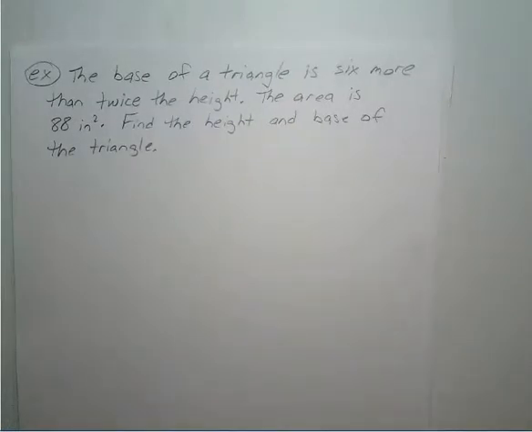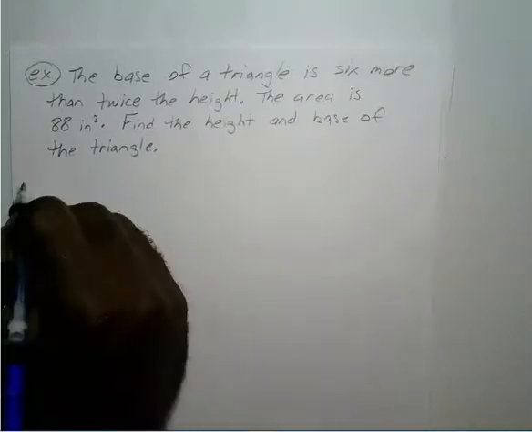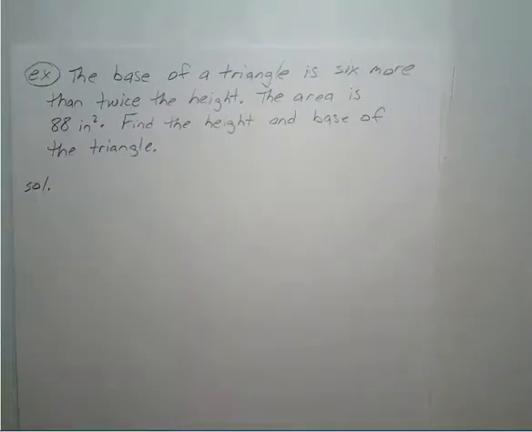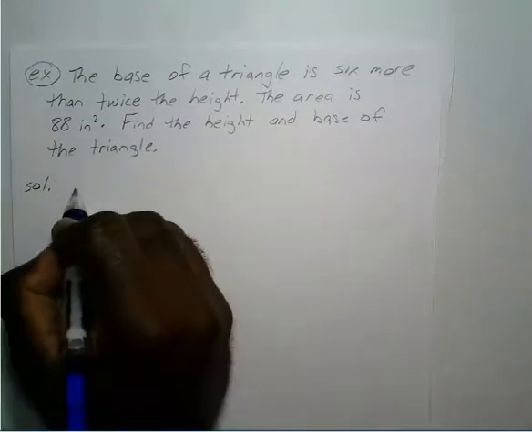Okay, now for this example, we have the base of a triangle is 6 more than twice the height. The area is 88 square inches. Find the height and base of the triangle. Alright, so this is once again having to know all of those little formulas.